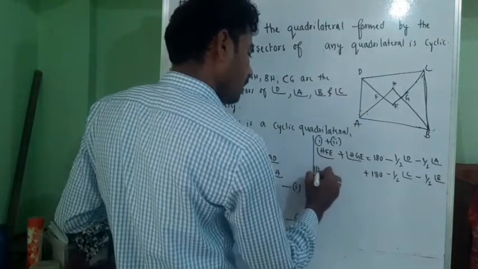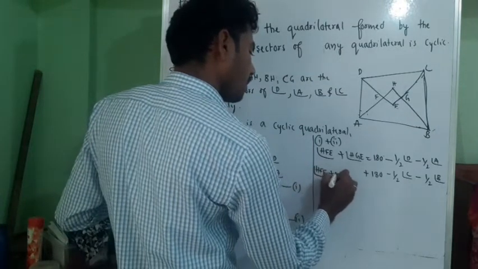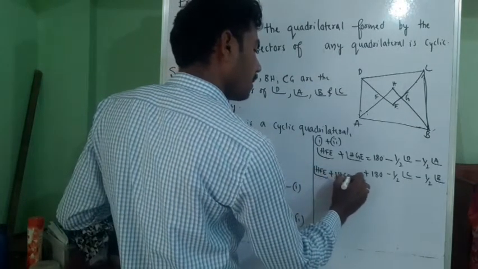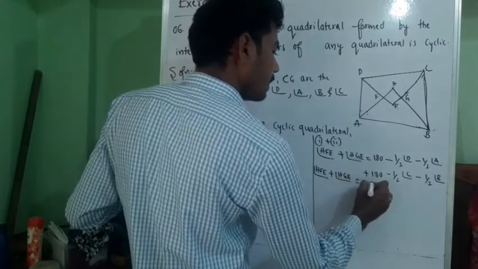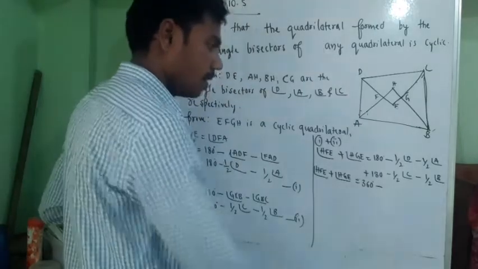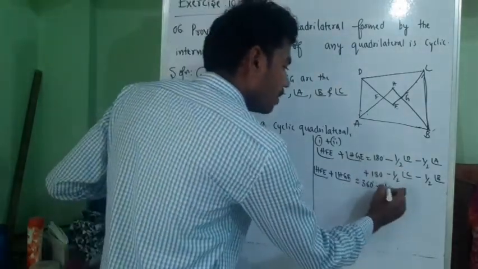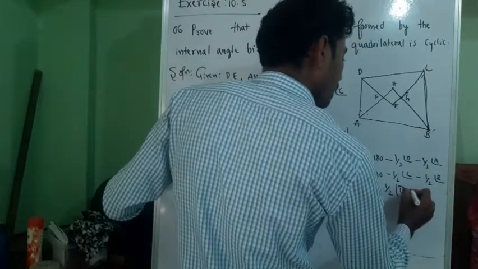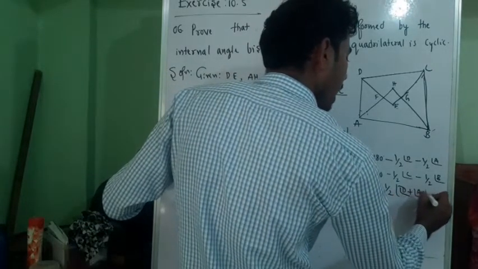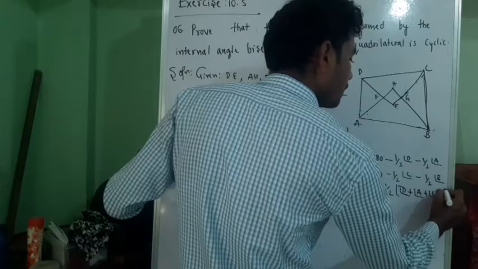Angle HFE plus angle HGE is equal to 360 degrees minus half, taking the common factor out, of angle D plus angle A plus angle C plus angle B.